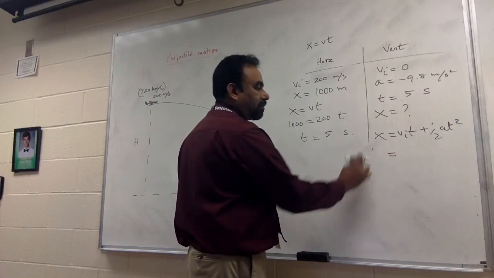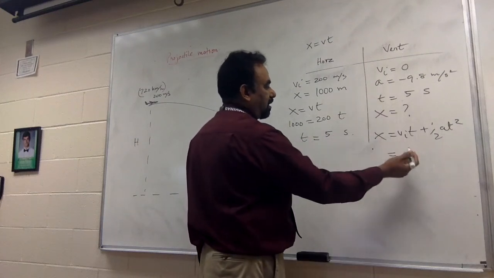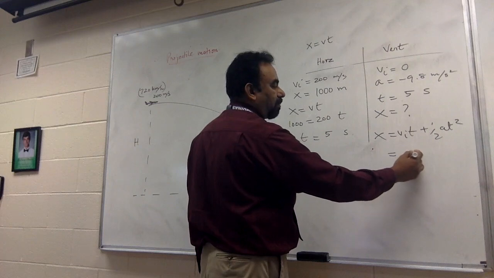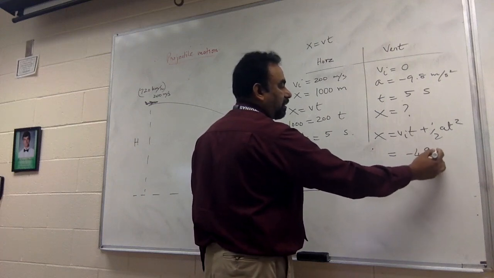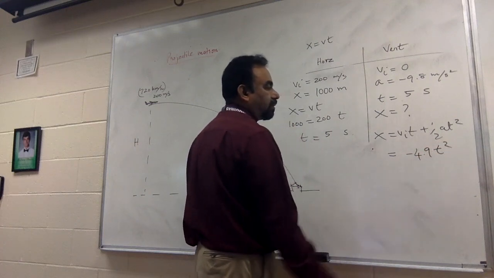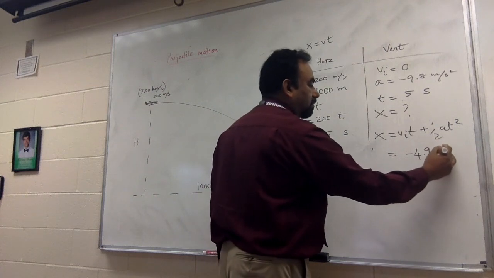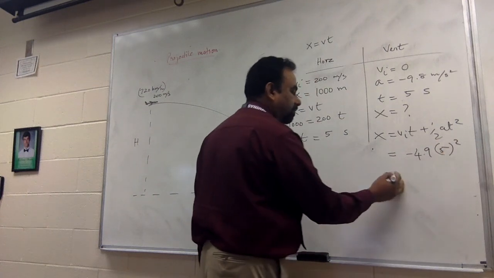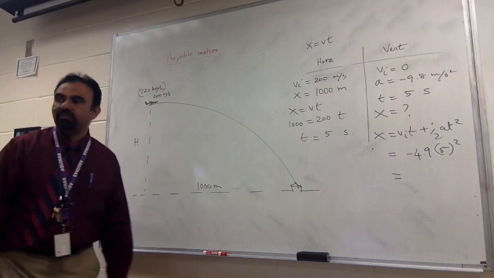Substitute. ut is 0. Half at squared: minus 4.9 t squared. And time is 5. What answer do we get?